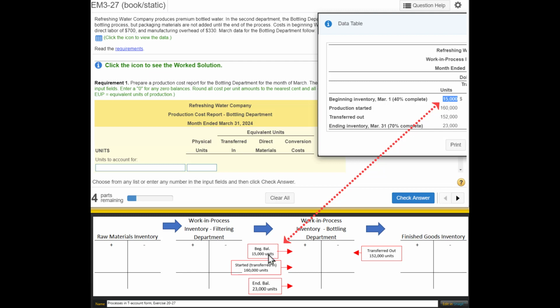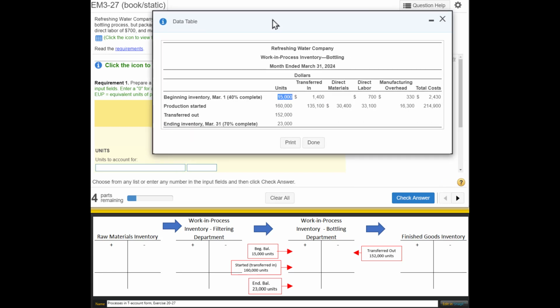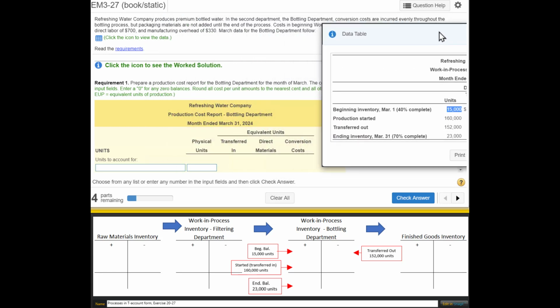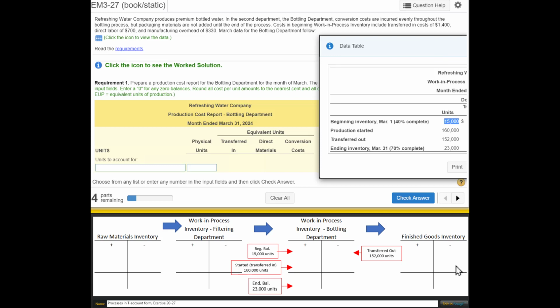So we started with 15,000 units, 15,000 gallons, I believe. These 15,000 gallons were 40% complete. And because they were incomplete, that's why they started this month in the work in process for the bottling department.